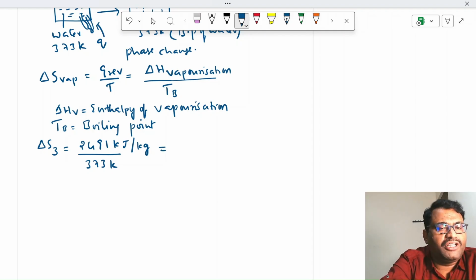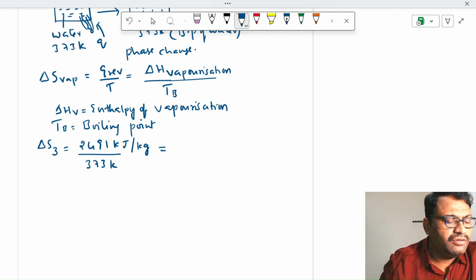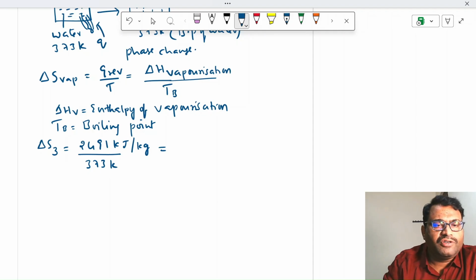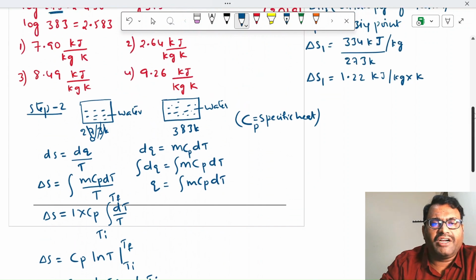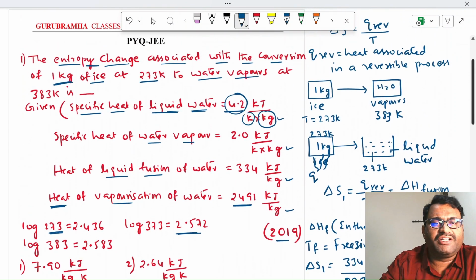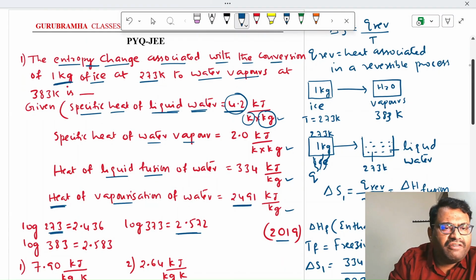If you substitute this, we get 6.67 kilojoule per Kelvin per kg. But the question asks for it to be converted to 383 Kelvin, not 373.